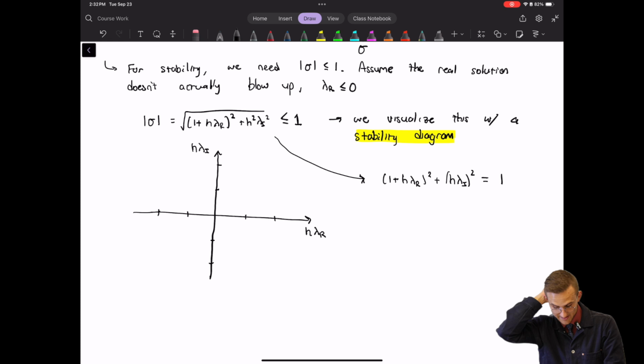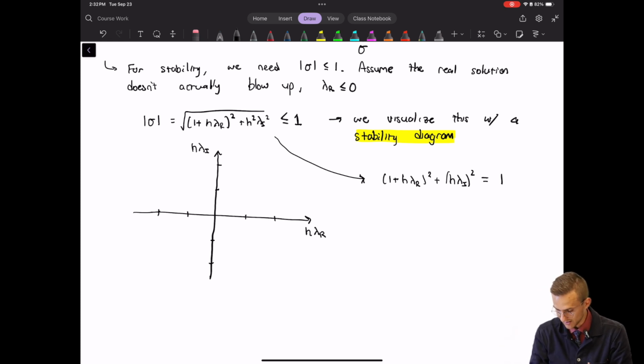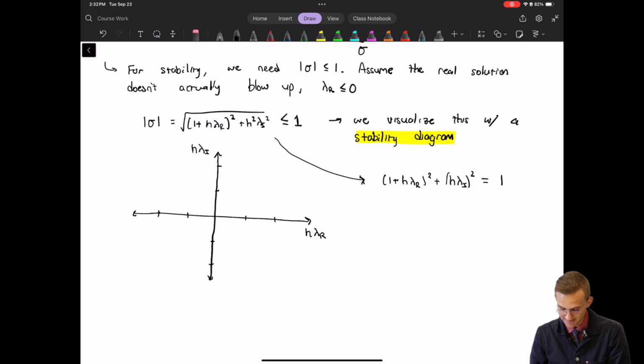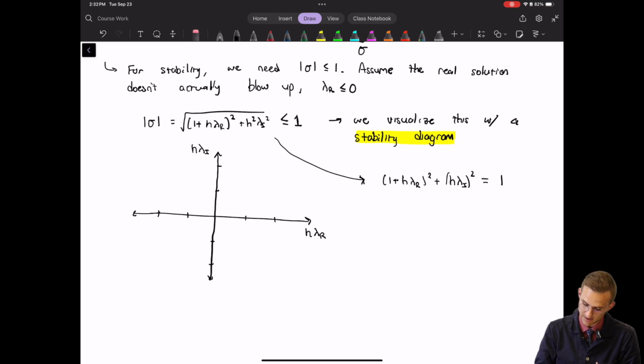And that equation, if we're looking at h lambda r and h lambda I as the x and y variables in this plot here, is going to define a circle in that xy plane, right? And moreover, it'll be a circle centered at -1, 0, based on what the arguments of these squared quantities are. And so we get this disk that looks like this.